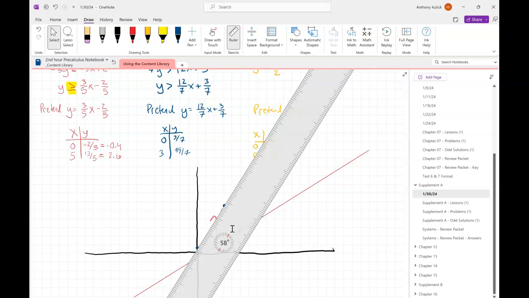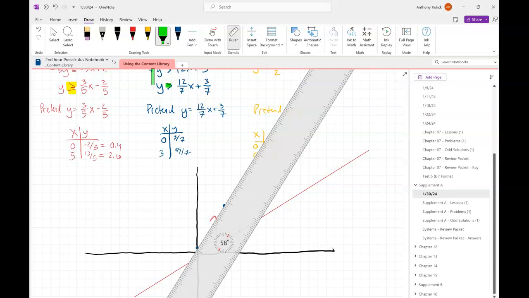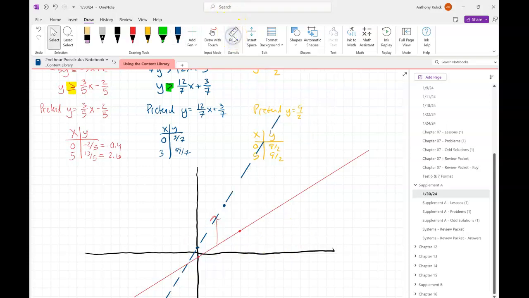Okay, notice this one is a strict greater than. So I'm going to be using a dashed line. And again, we're going to be shading above.